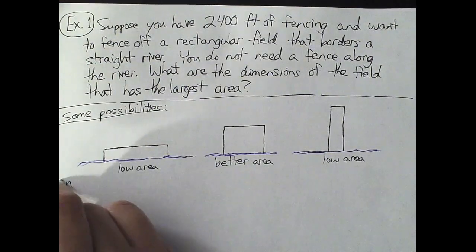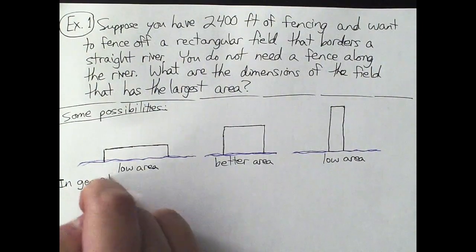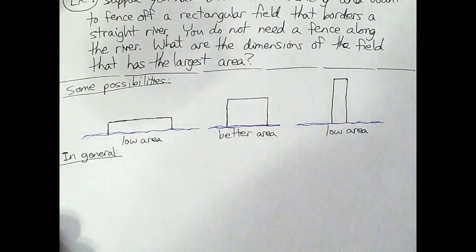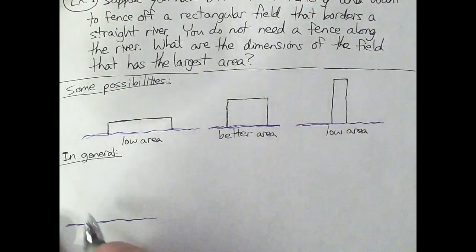All right, so that was just to help us visualize it. Now, in general, I'm going to draw one picture that I actually label. So in general, let's draw another picture, and this time I'm going to label the side lengths. So here's the river. When I draw this, I have to assume some kind of shape, right?